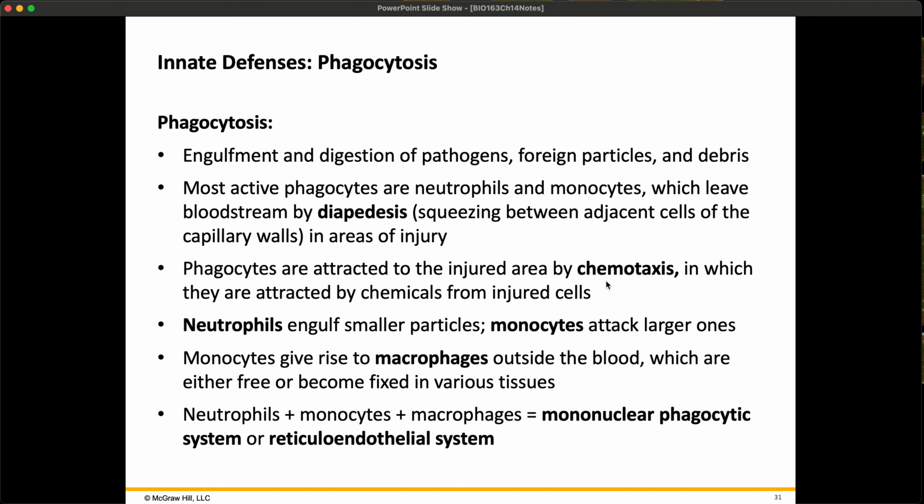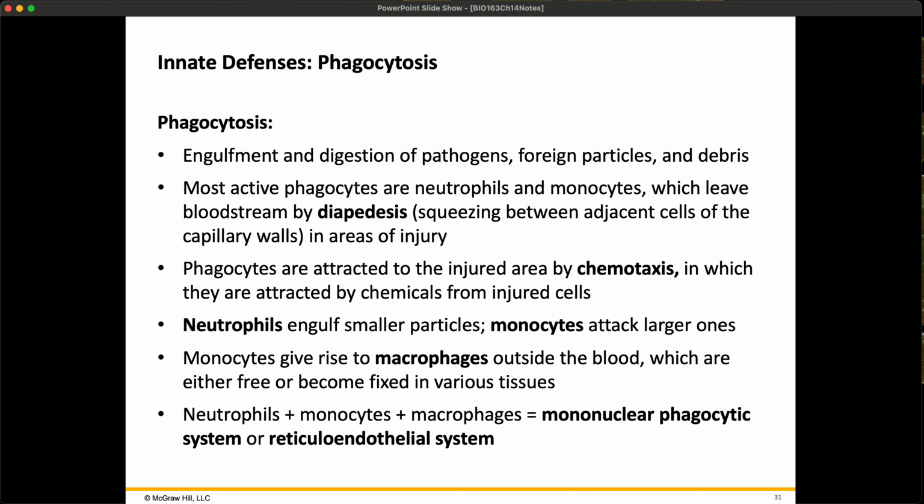Phagocytes are attracted to an area by chemotaxis. This is when infected cells and damaged cells release chemicals to help draw those phagocytes directly to them so they know where to go. Neutrophils typically handle smaller particles, monocytes larger ones. Again, once monocytes exit the bloodstream, they become macrophages, either roaming in that tissue space, or they might just hang out in one spot and say, this is a good spot for me, I'm going to sit right here and just watch this corner.